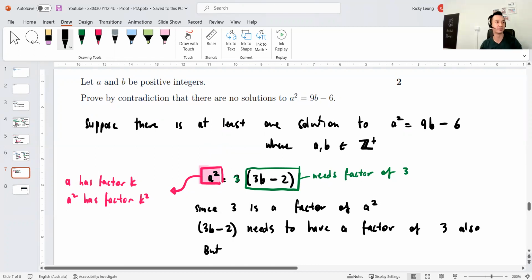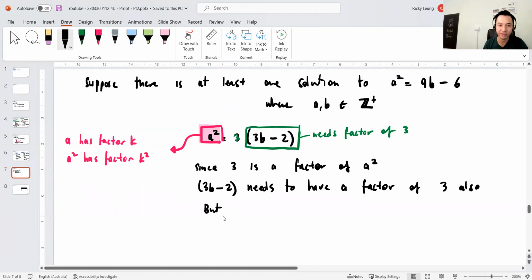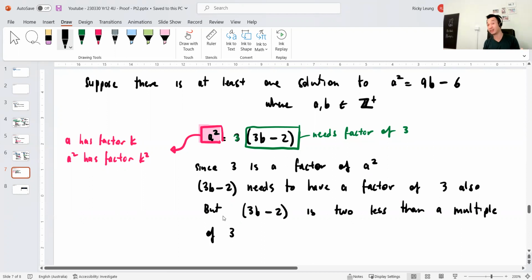But we know that it doesn't, because 3b minus 2 is 2 less than a multiple of 3. Because 3 times b is a multiple of 3, minus 2 is not going to have a factor of 3.